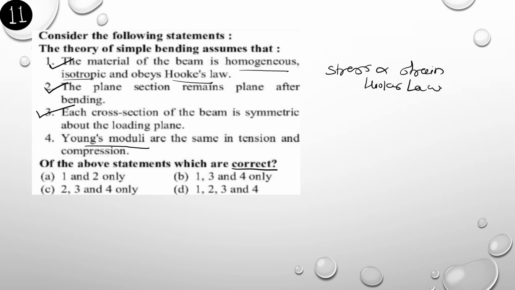Young's modulus is the same for steel, and the same for concrete. Means in case of each and every concrete, Young's modulus is the same, and in case of steel, Young's modulus is the same. So in case of tension and compression, the value is also the same. So this is the correct assumption. So option number 4 is correct. First, second, third, fourth, all the statements are correct for this question.